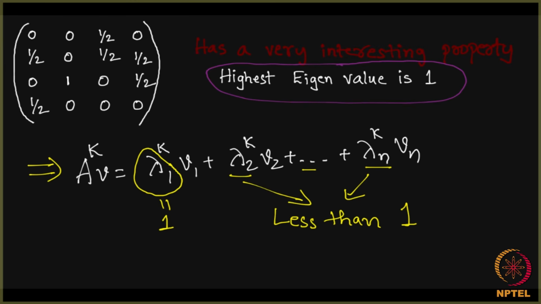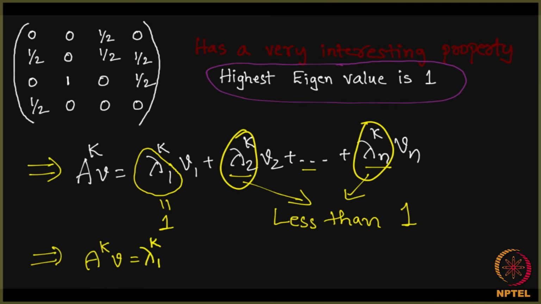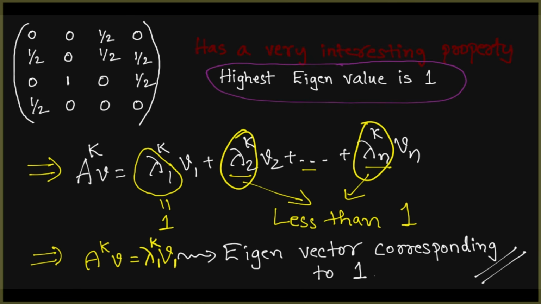Other numbers are less than 1 here, and when you raise them to the power of k, all of them become 0. So A to the k will simply be equal to lambda 1 to the k times v1. Mind you, lambda 1 is actually 1. So this is the eigenvector corresponding to the highest eigenvalue, which is 1. And let me just remove lambda 1 here because it's equal to 1.